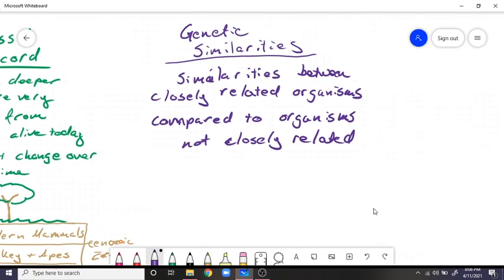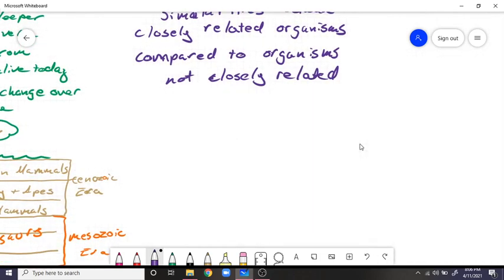So what does that mean? That means if I compared the genome or all of the genes of everybody in this class, for example, or from one human to the next, doesn't matter where you are from in this whole entire world, humans are 99.9% the same.